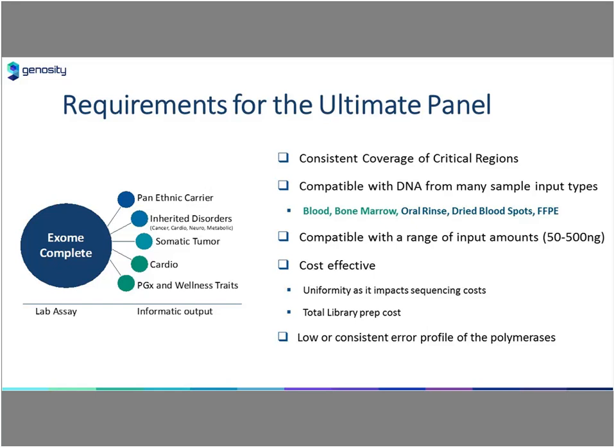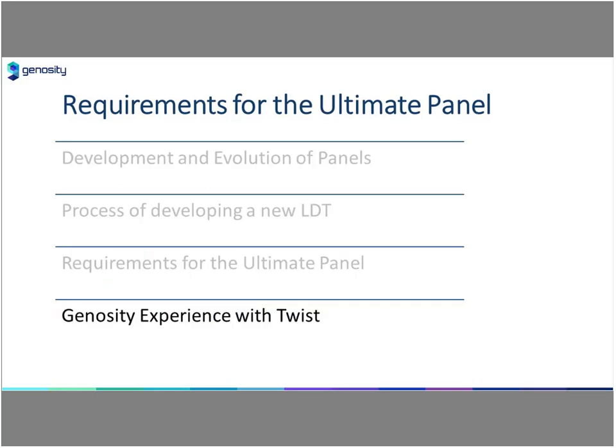It's at least 3 or 4 different tests that I have experience with where that's the case. And so we pay for it in sequencing to get the coverage in those poorer regions. And then the library prep costs, of course, as well as error profiles of the enzymes themselves.